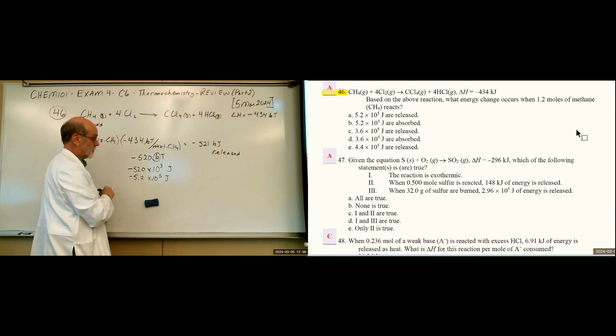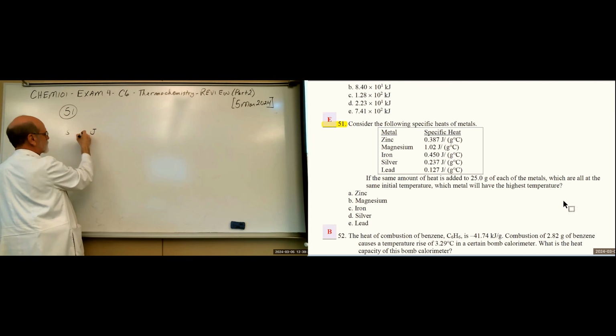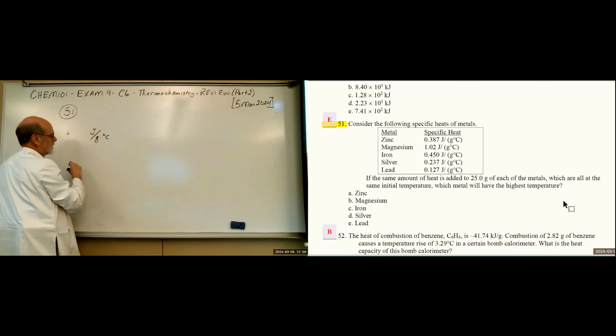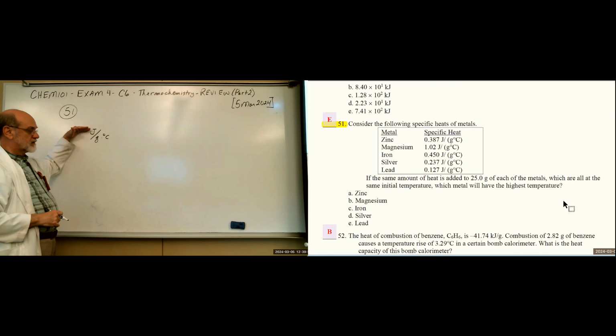All right, here we focus on the units of measure. Specific heat is in units of joules per gram degrees C. That means for every joule of heat absorbed per gram of the material, the temperature will rise 1 degree C.